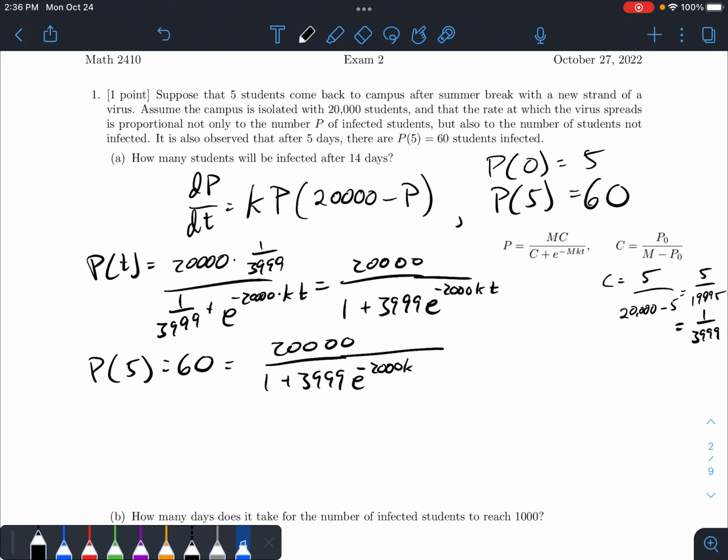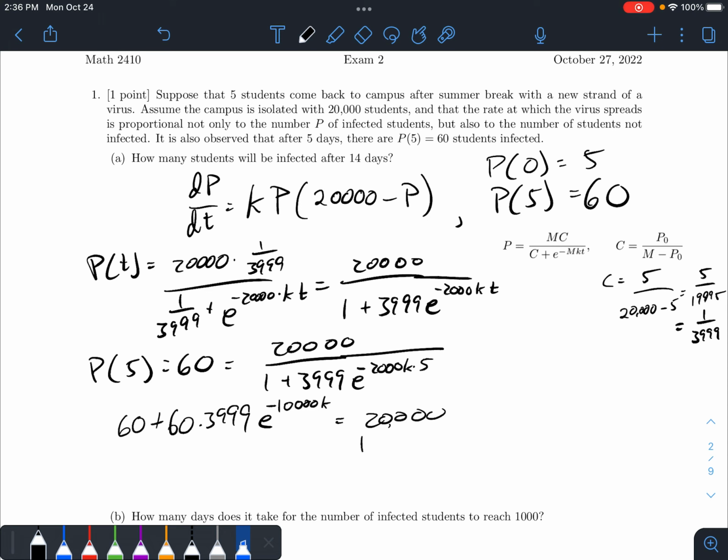This is P of 5, so this is telling us that t is equal to 5. All right, so now we just multiply through. So 60 times 1 plus 60 times 3,999 e to the negative 20,000 k times 5. 20,000 times 5 is 100,000 k. This equals 20,000.